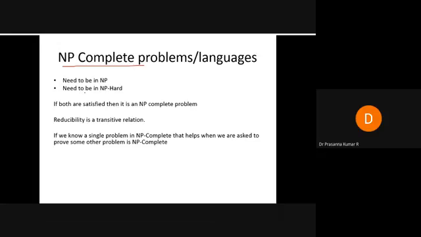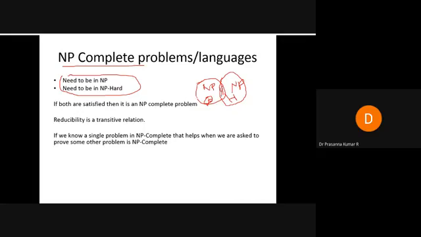NP complete is to be both NP and NP hard. Probably in the Venn diagram, we had something like this. So, we had a NP problem. In between that, we had a P here. And we had another, NP hard. Let me put only H here.